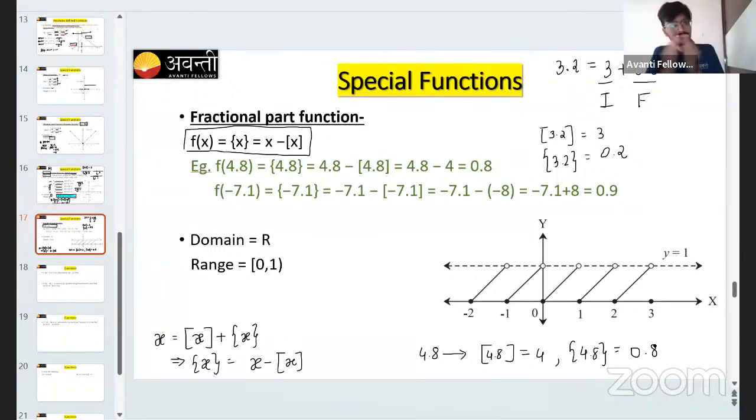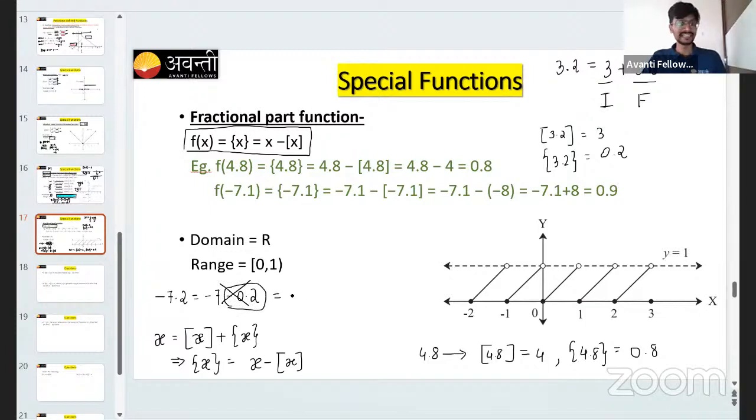Once we go on the negative side, suppose let's take an example. How can I write the number minus 7.2 as two parts? This way, the integer part can be negative but the fractional part should be positive. So I cannot write it as minus 7 minus 0.2, because here 0.2 is negative, which is not allowed.